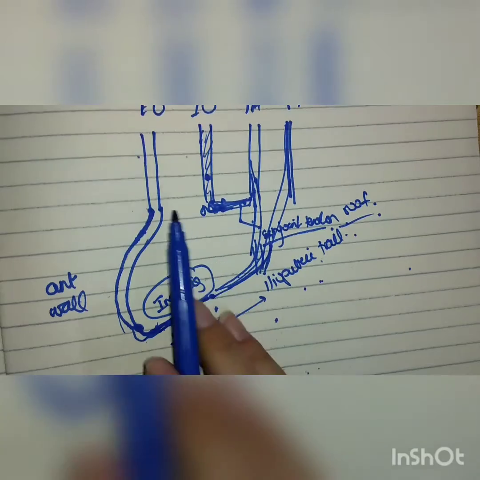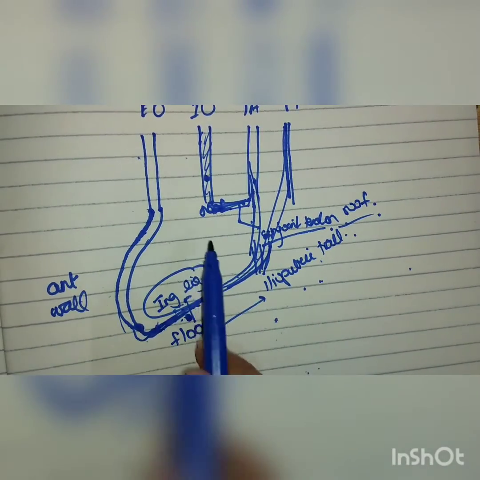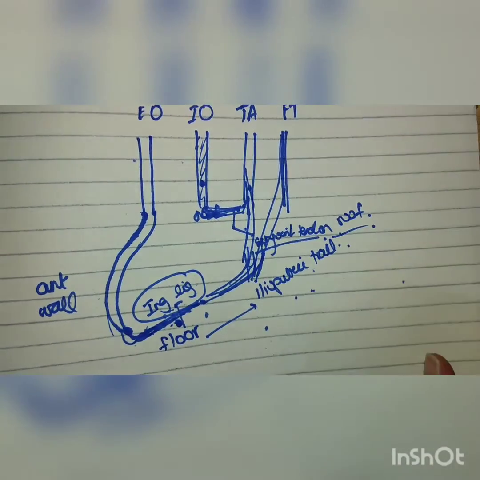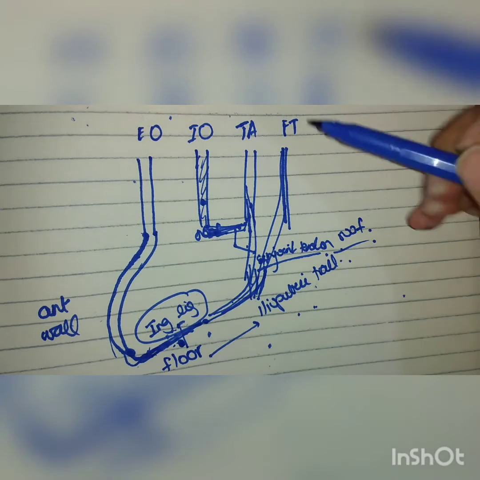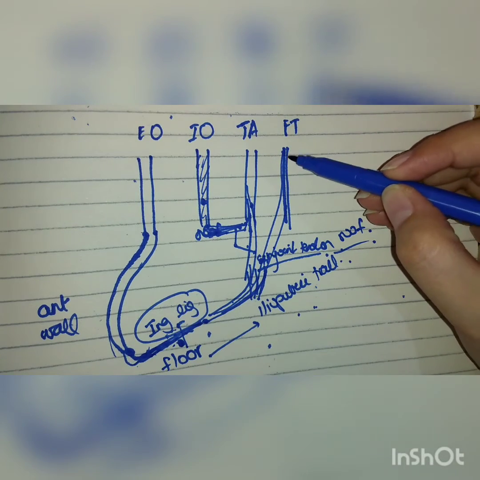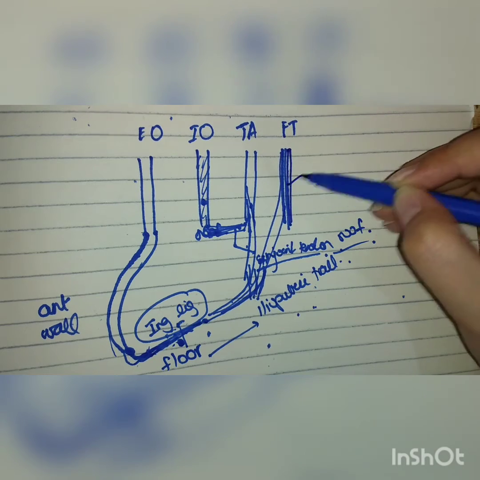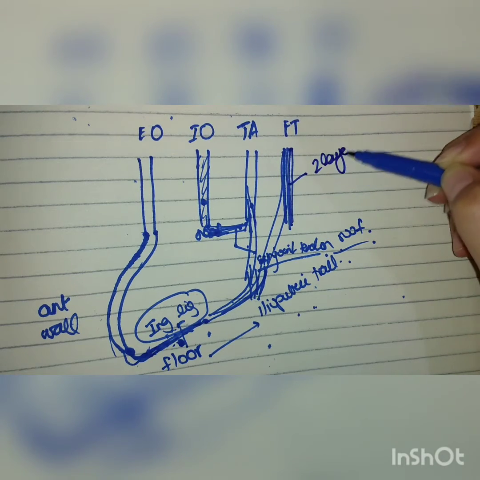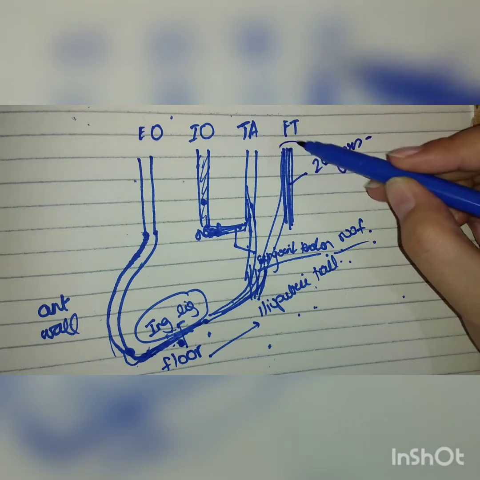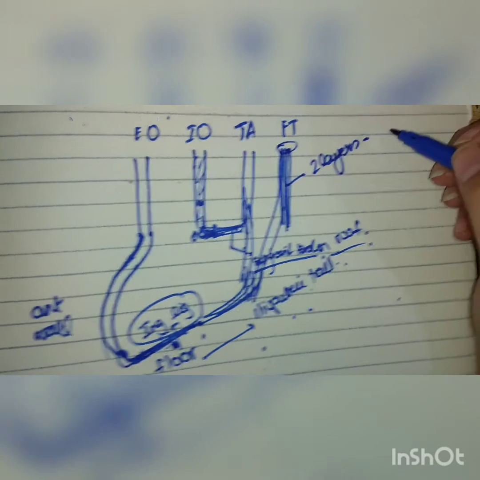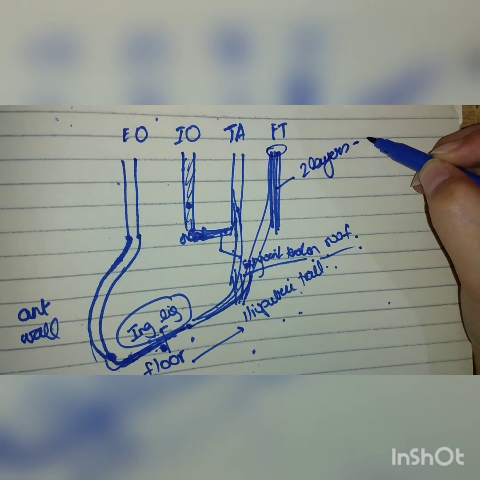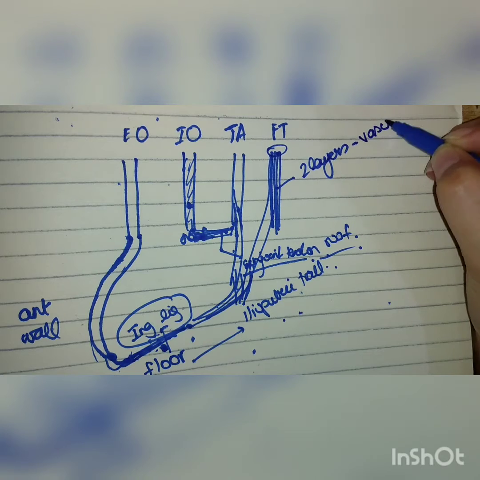Why I have left this gap between the layers: I left it intentionally so that I can also explain the spaces later on. But always remember that fascia transversalis is a two-layered structure. There is a space between these two layers, and that space has vessels; it is a vascular space.